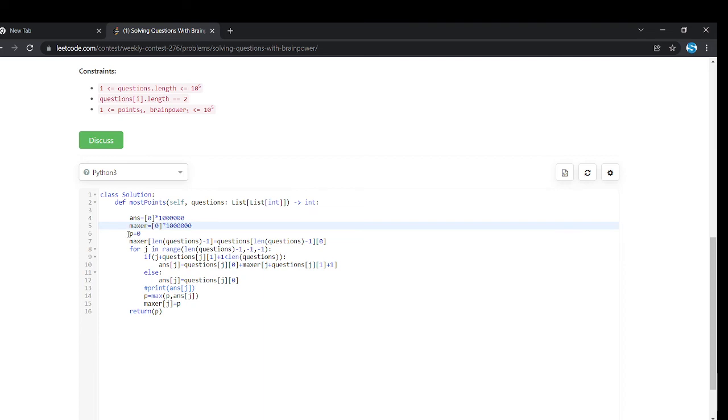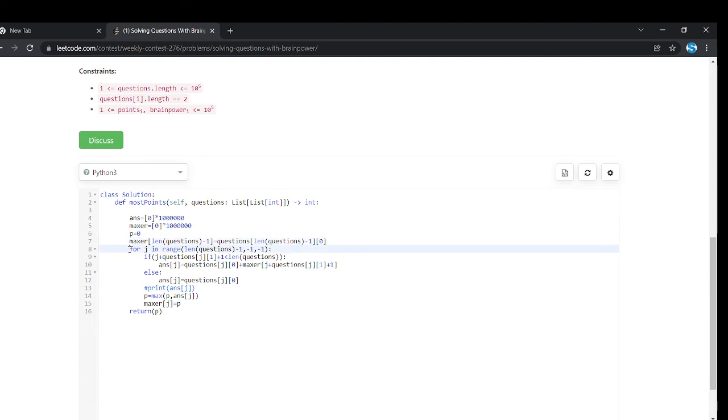Okay, so now p is 0. The final maximum output that we gonna get will be stored in p. So now what we will do is the maximum points that we can achieve by solving the last question will be equals to the last question's maximum point itself, right? So this is the base condition we have initialized here.